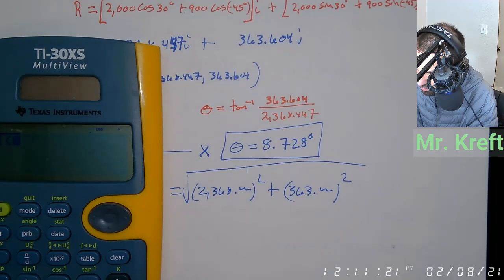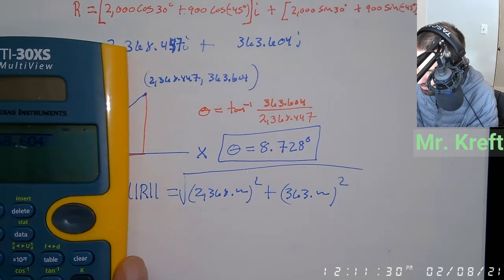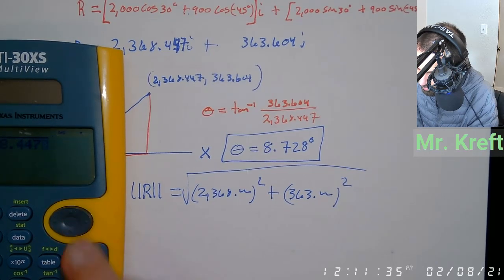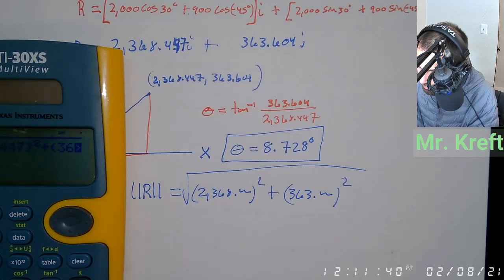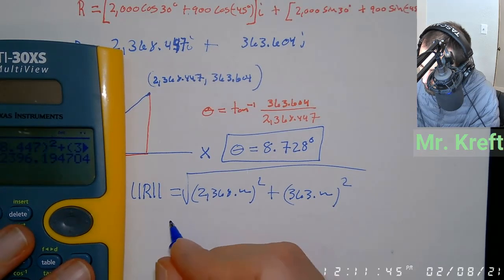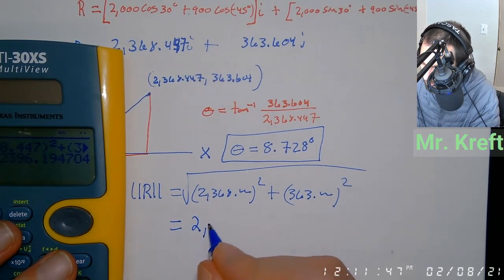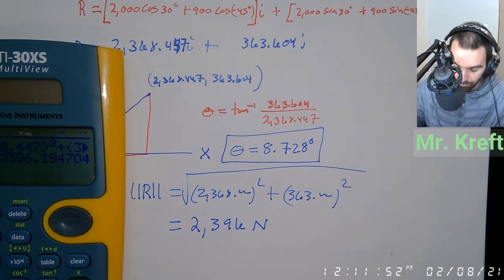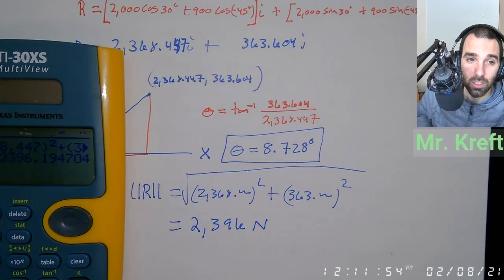So what are we going to have? 447 squared plus 363.604 squared, and my magnitude is 2,396 newtons. About. I rounded because I'm out of time.